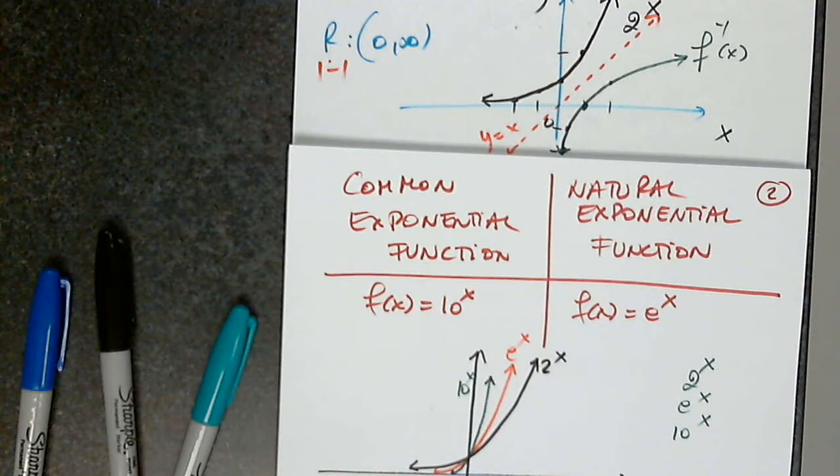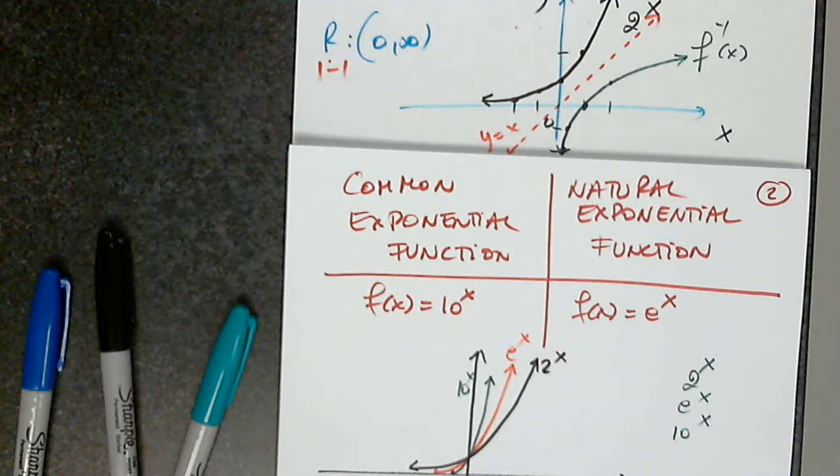So let's do this with a graphing calculator just to see those shapes. I'm hoping that this will trigger your memory. So we have 2 to the x. Here's how I get e to the x. Second, e to the x. And here's the last one. Second, 10 to the x. Do we have this?